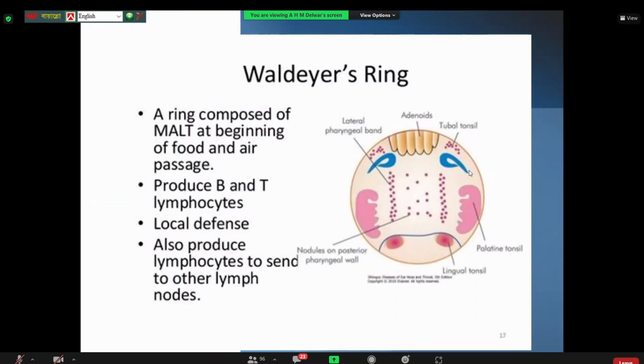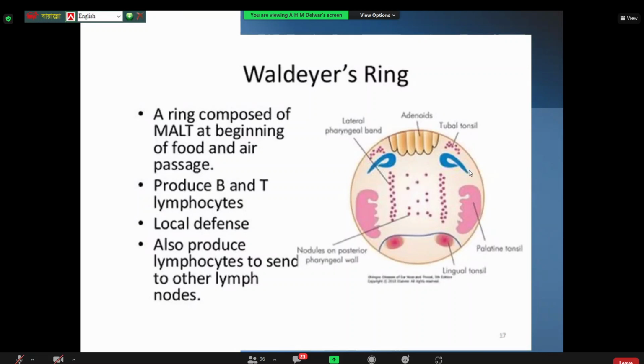It also produces lymphocytes to send to other lymph nodes. They send signals to the other lymphocytes. You know the lymphocytes are the defensive mechanism of our body, B and T lymphocytes.